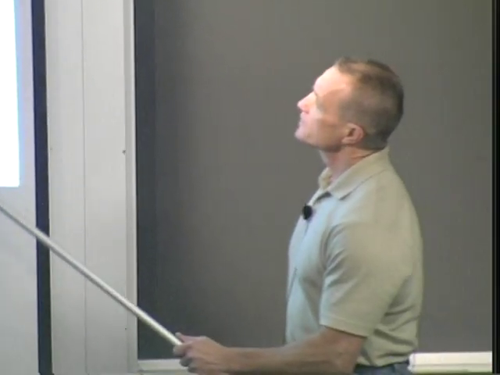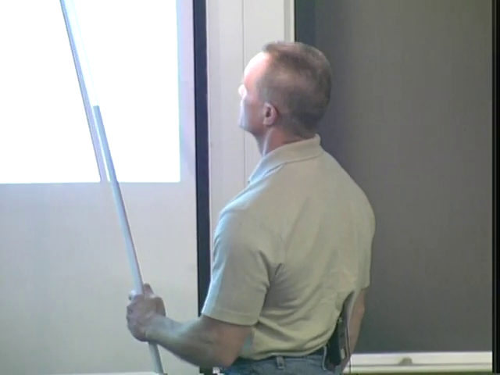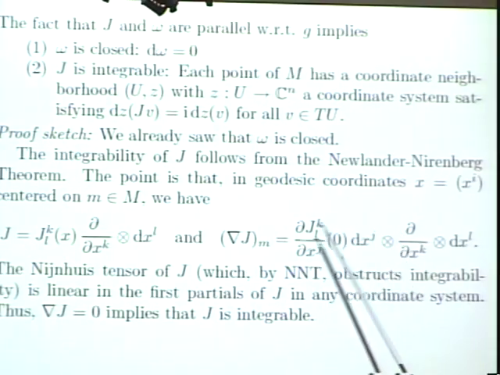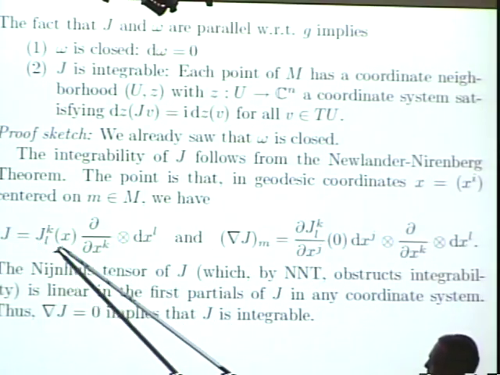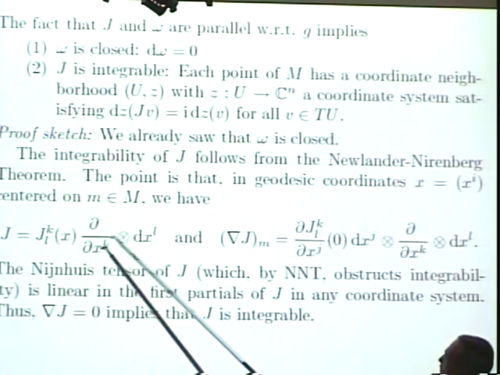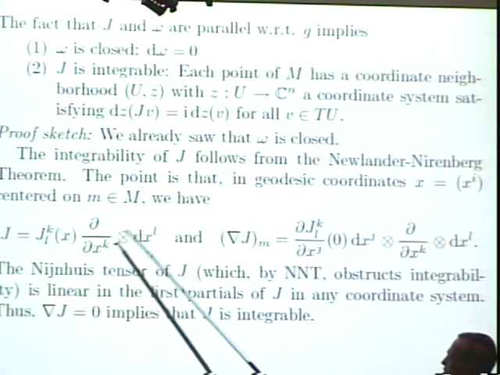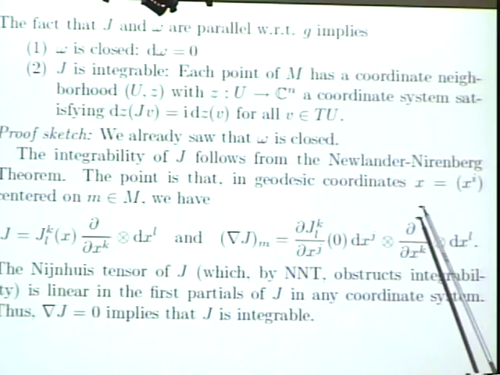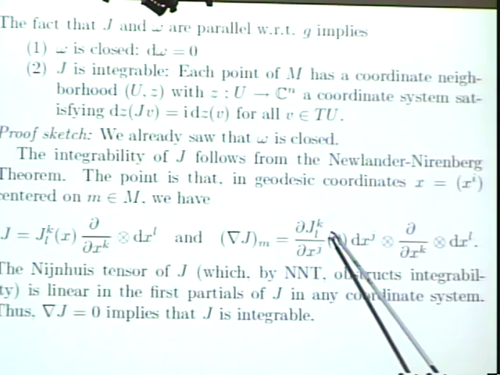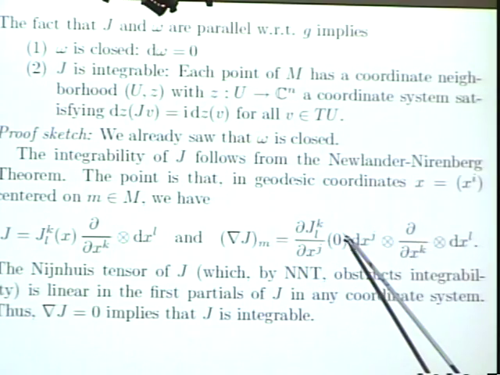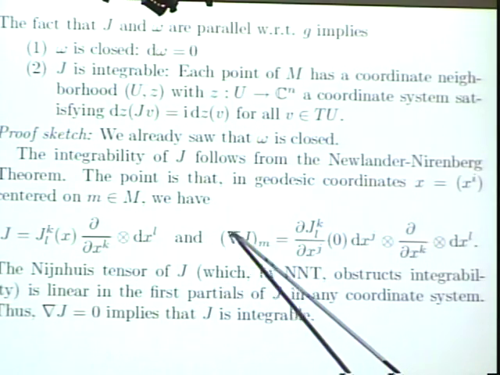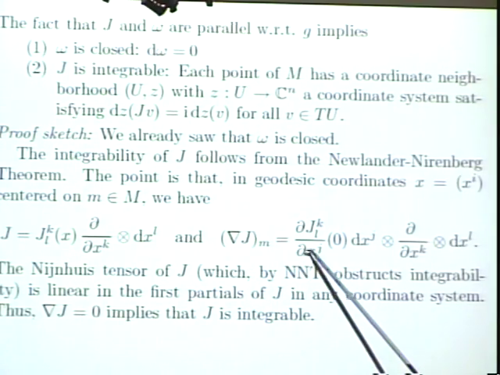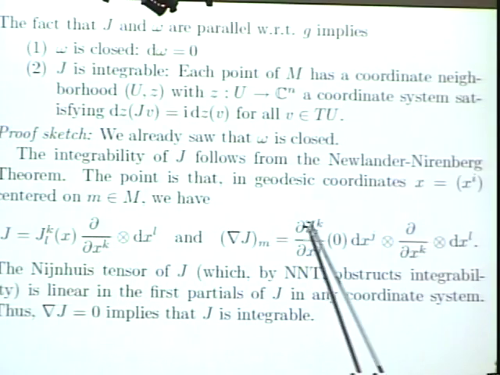A similar thing is how you can see the integrability of J. The point is that if you look in geodesic coordinates for G, then J will be expressed as a linear transformation. It eats vectors and spits out a vector, so it looks like this with some matrix coefficients, and the covariant derivative in geodesic coordinates is just the ordinary partial derivative, at least in coordinates centered at this point, M. Since the covariant derivative vanishes, you can always choose coordinates in the neighborhood of a point so that the derivatives of J are 0.